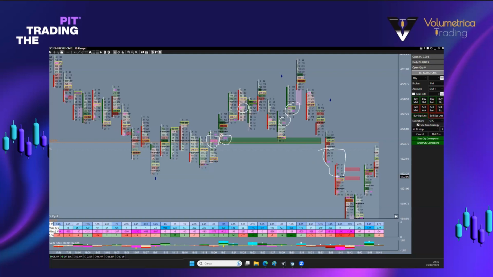Can you see the histograms are tiny? Horizontal delta as well is quite light, but we have imbalances. That means pressure. That means buyers or sellers initiating a move. That comes with an implication, though.